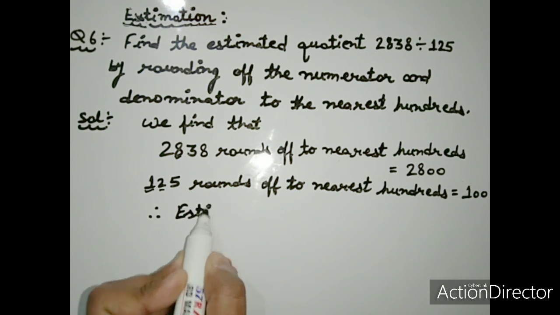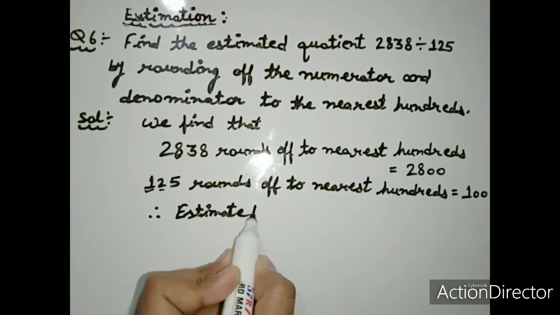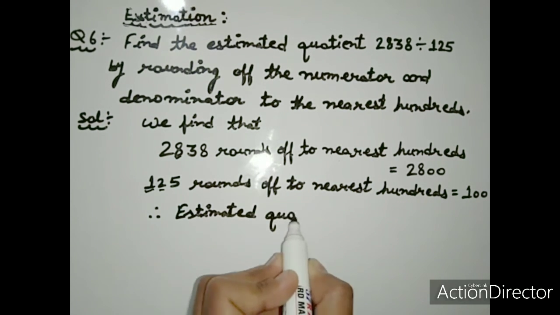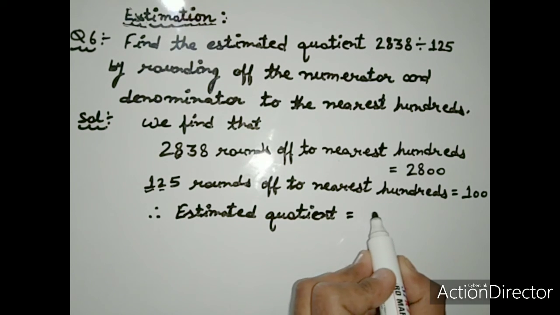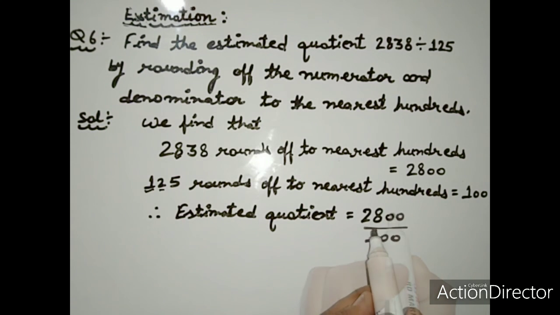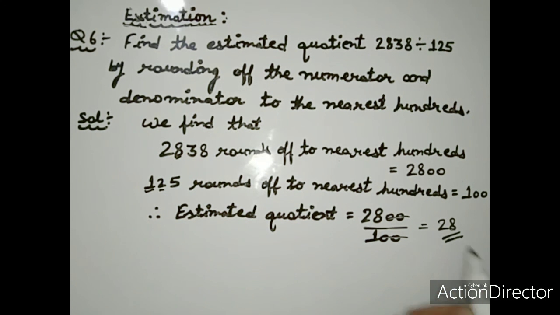So the estimated quotient is equal to 2800 divided by 100, and these two zeros cancel out by these two zeros, and here we get 28. So here the estimated quotient is equal to 28.